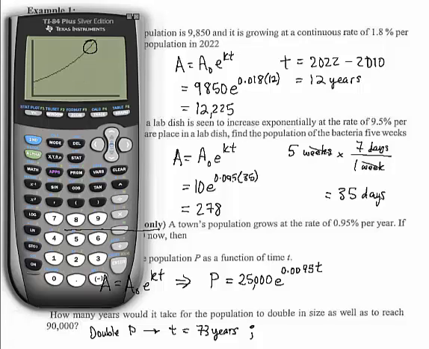population of 90,000. So I just simply hit trace and I arrow over until I get close to 90,000. 89,324 is about 700 off from 90,000, and we read the time as 134.